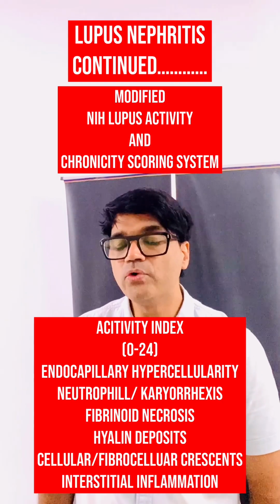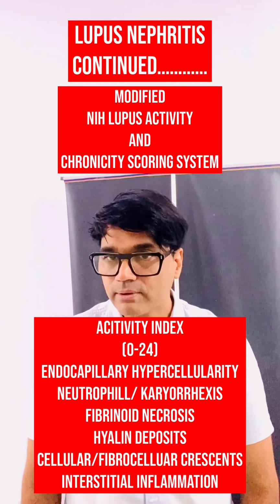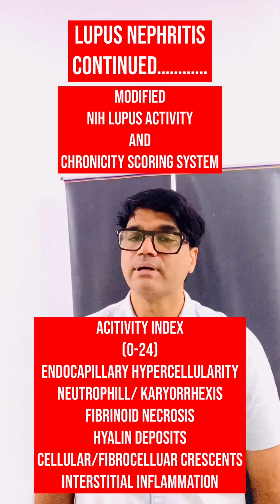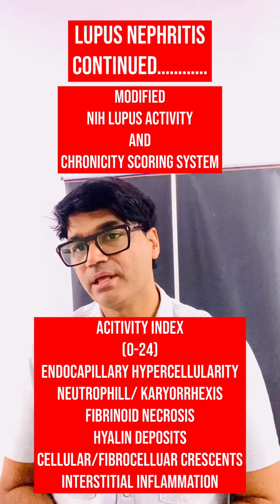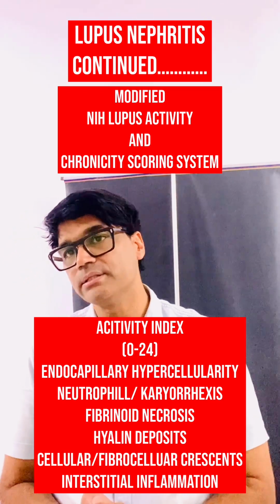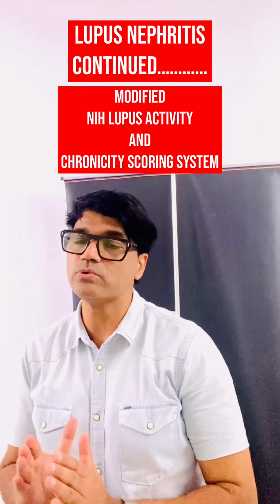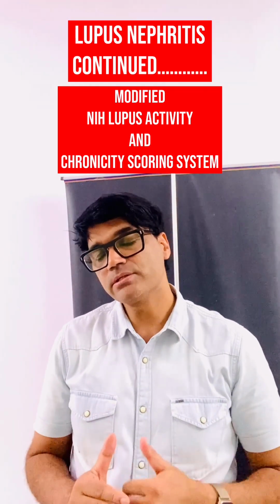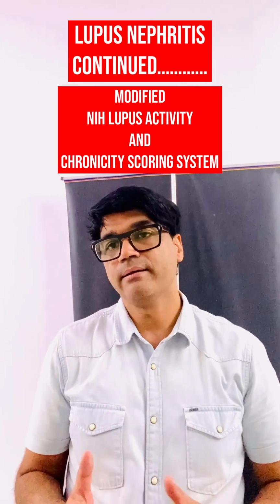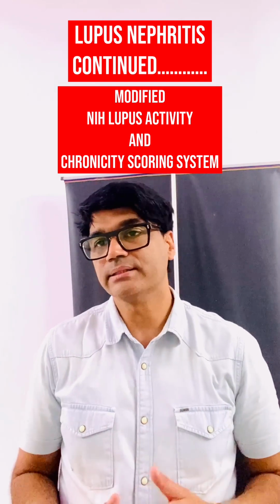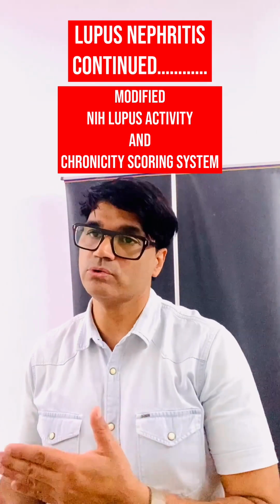And how do we calculate the score? For example, number one, if there is endocapillary hypercellularity, the score will be between 0 to 3. If there is neutrophil karyorrhexis, then the score will be 0 to 3.